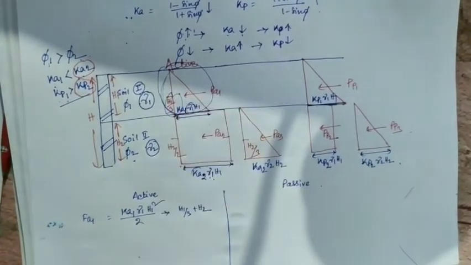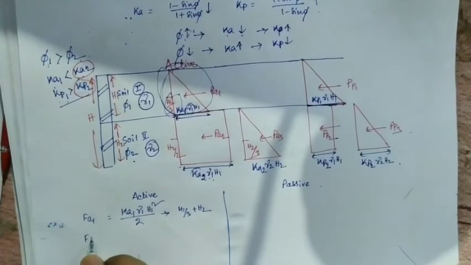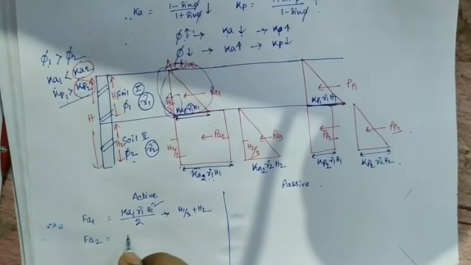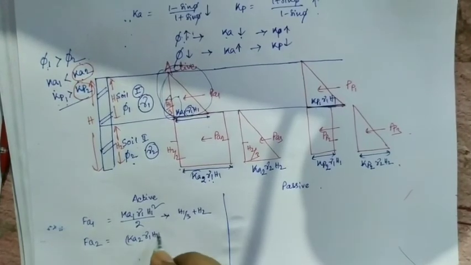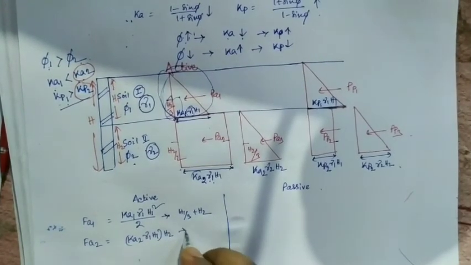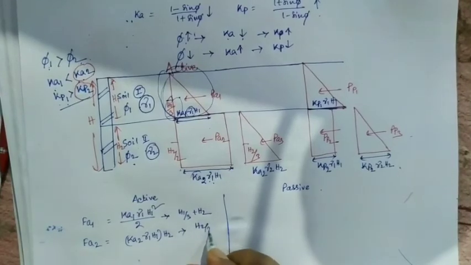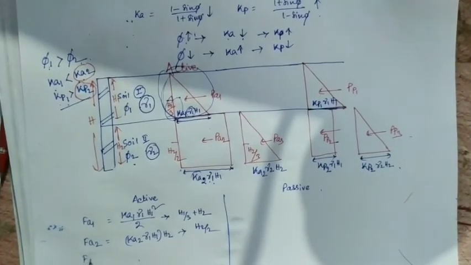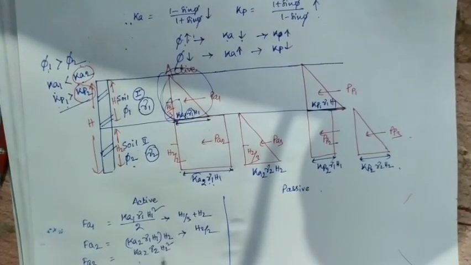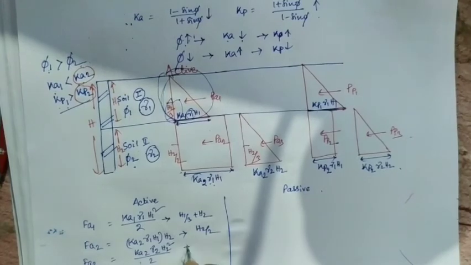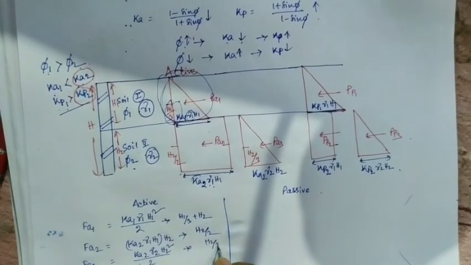What about Fa2? Fa2 will be Ka2 gamma 1 h1 into h2, and it will act at h2 by 2, and Fa3 will be Ka2 gamma 2 h2 square by 2, and it will be acting at h2 by 3.